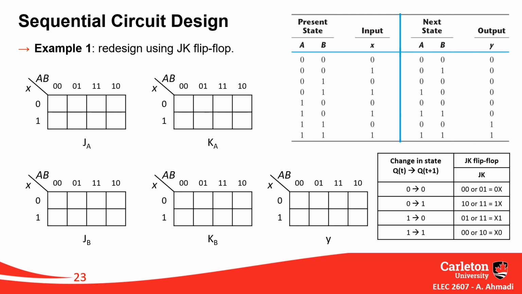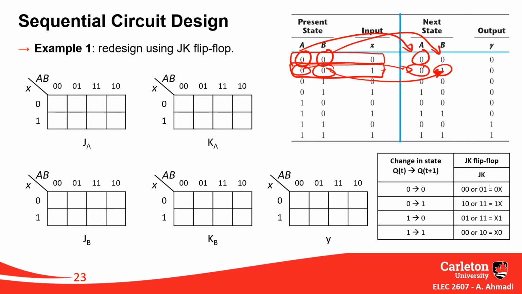Also, I suggest, even in an exam or wherever you want to design, have a small transition table of JK flip-flop in front of you to help you figure out how these changes will happen from 0 to 1, 1 to 0, and what sort of J and K combination you have to apply to your flip-flops to make that transition. From this table, we figure out, for instance, if you have 0, 0 and input is 0, your A will stay at 0, your B will stay at 0. If you have this combination, however, A will be 0 again, but your B will change to 1.